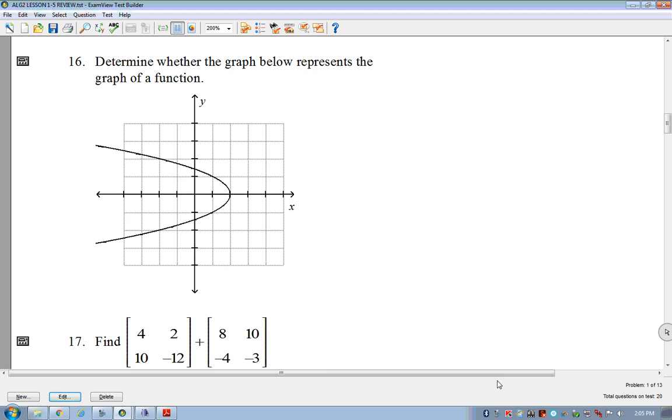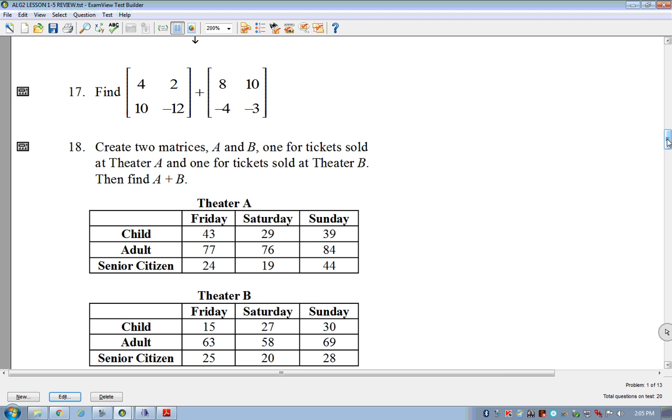Okay. All right, 17. We're adding here, so it's not multiplication. Whenever we're adding matrices, we can only add them if they're the same dimension, and we're going to add elements that have the same addresses together. So 4 and 8 will go in the same position.